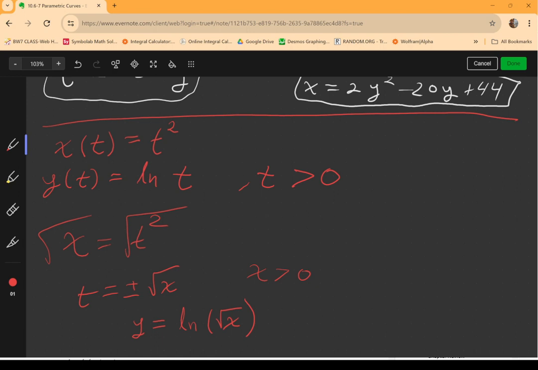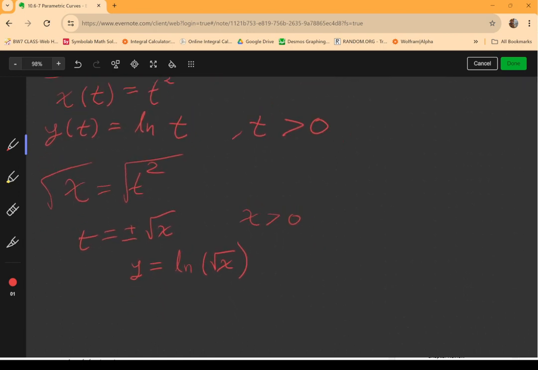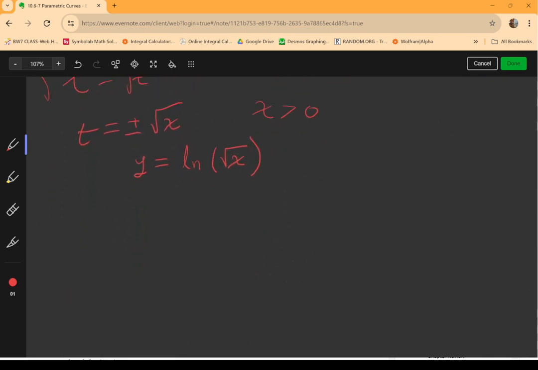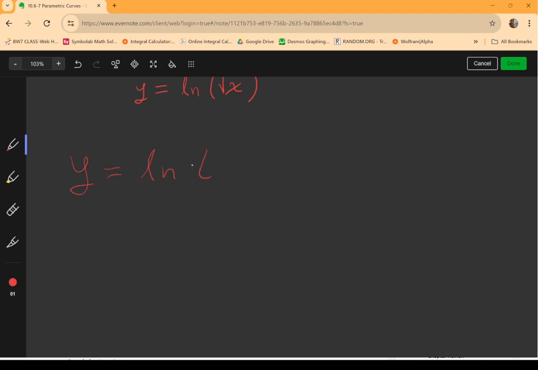Let's say you wanted to go the other route. You notice that you can solve for t in the y equation. So you have y equal to ln of t. We can recall the definition of the natural logarithm: this means that e to the y is equal to t.